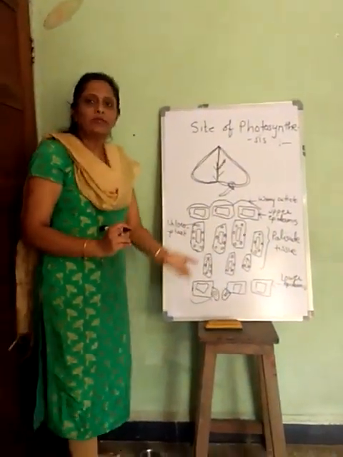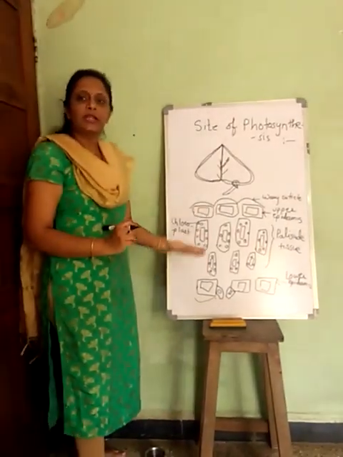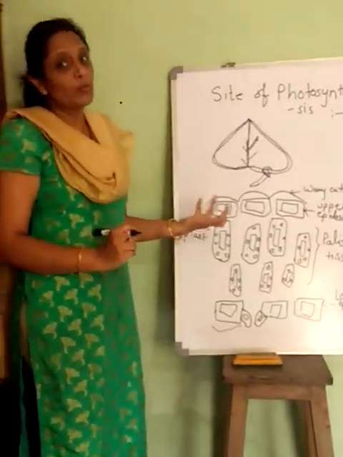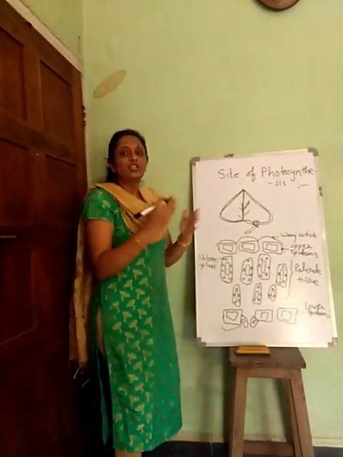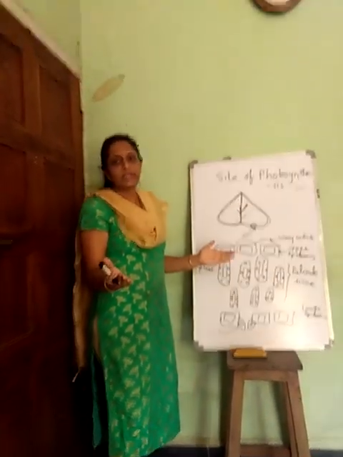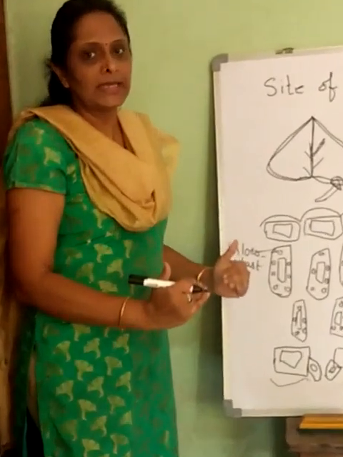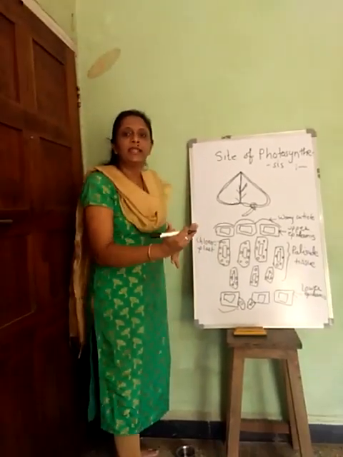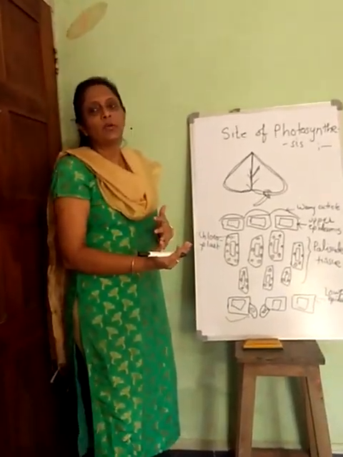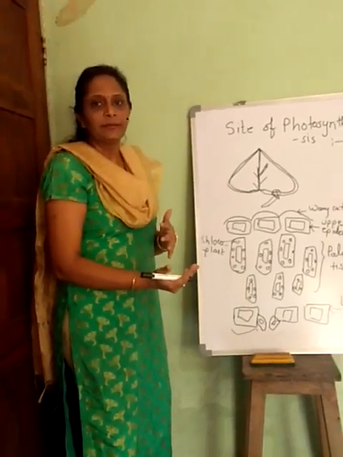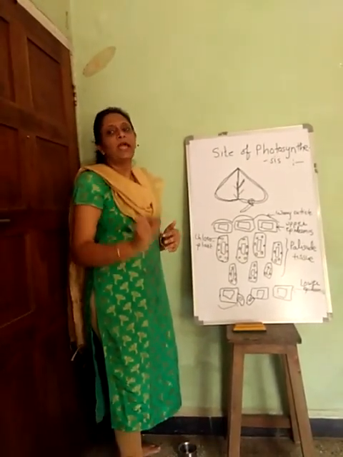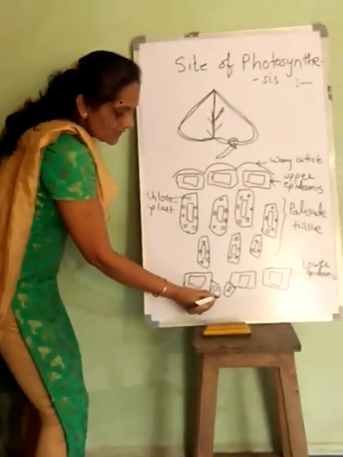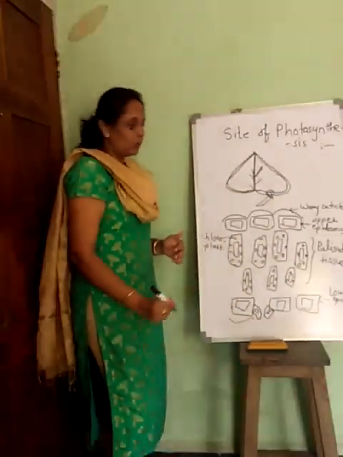Then the water absorbed by the roots enters the stroma of the chloroplast, and in the stroma the actual splitting of the water molecule takes place with the help of sunlight. Then carbohydrate is formed, food is prepared, and oxygen is released through the stomatal opening.